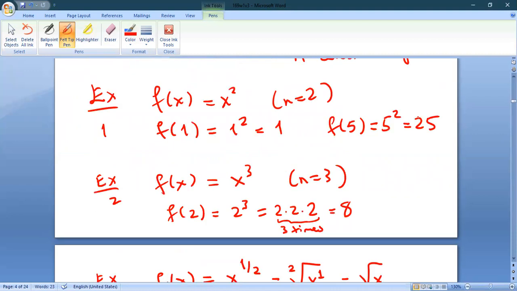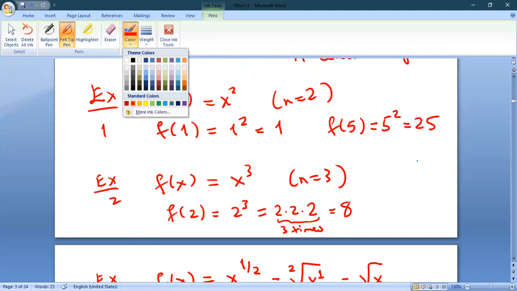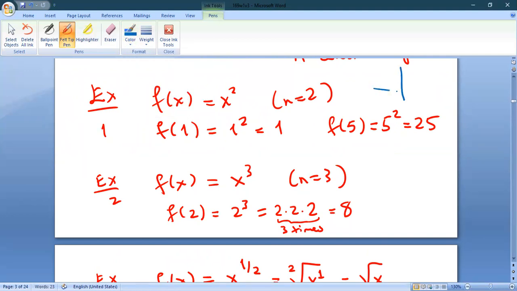Let me draw their graphs very briefly. Like x squared function looks like this. This is x squared, x, y. X cubed function looks like this.